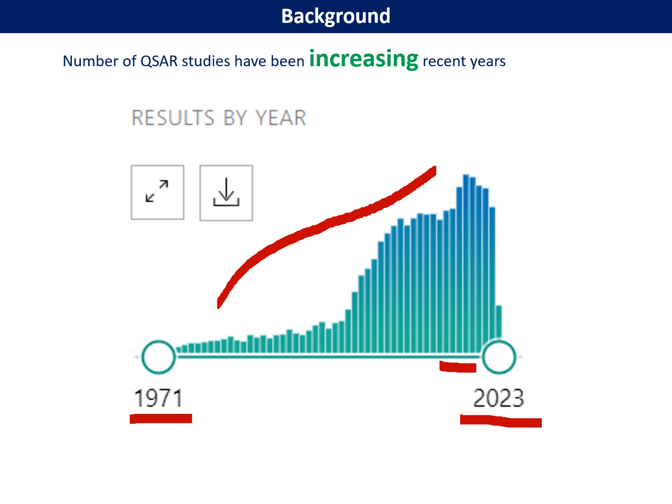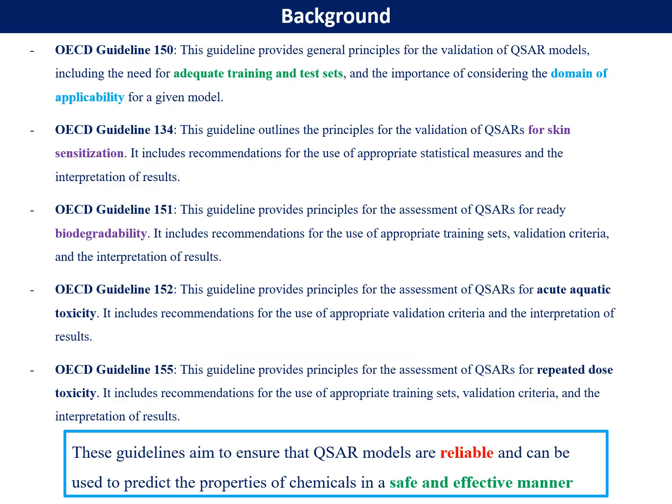So a lot of people conducted QSAR studies. That's why the number of papers related to QSAR and COVID-19 increased significantly, with thousands of papers related to QSAR. So they need guidelines to make sure that QSAR models are reliable and can predict the compounds in a safe and effective manner.